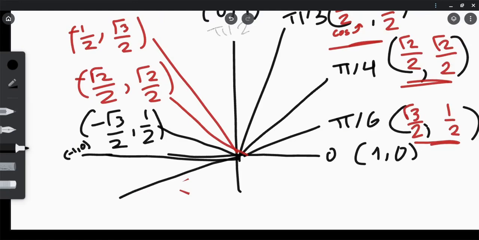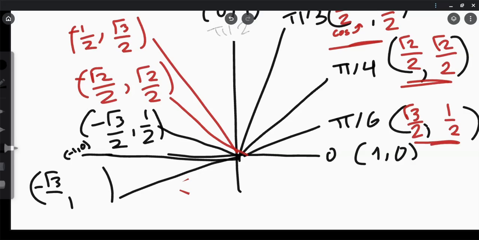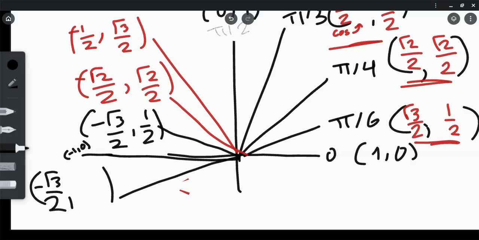So now from here to there, what's the coordinate for 7 pi over 6? The coordinates are cosine and sine. What's cosine at that coordinate? Negative square root of 3 over 2. Why?